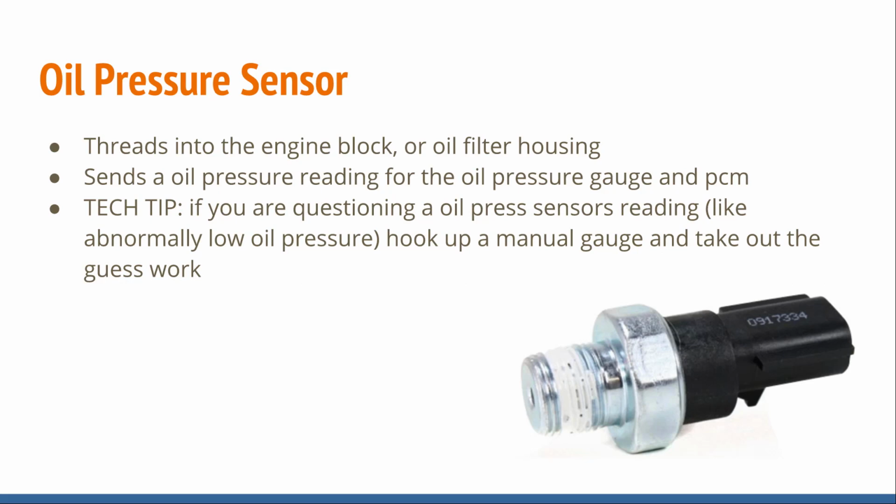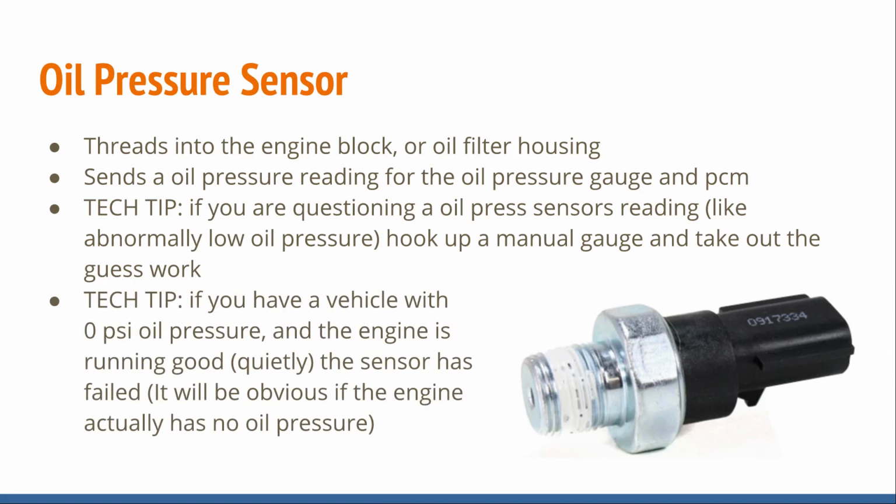Hook up a manual gauge and take out the guesswork. If you have an engine that's got low oil pressure and you're not sure if it truly does have low oil pressure, or maybe the sensor's reading inaccurately, the simplest thing to do is find the sensor, unthread it, and hook up a manual gauge. Now you've got a manual gauge showing your oil pressure. You're not guessing.